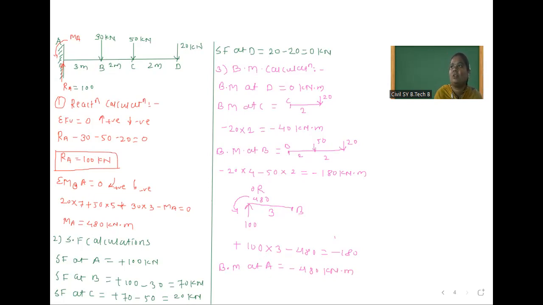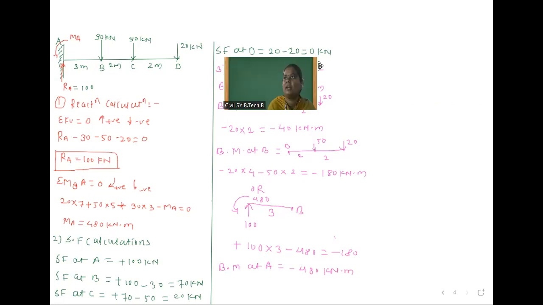Okay, so these are the bending moment calculations. Now we will draw the shear force and bending moment diagram. This cantilever numerical is much easier than simply supported. First, we will draw the original beam.